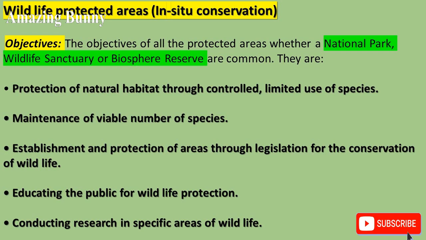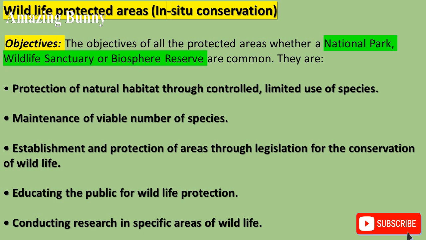Now, wildlife protected areas, that is in situ conservation. So, what are the objectives? The objectives of all the protected areas, whether a national park, wildlife sanctuaries, or biosphere reserves, are common. They are: first, protection of natural habitat through controlled, limited use of species.